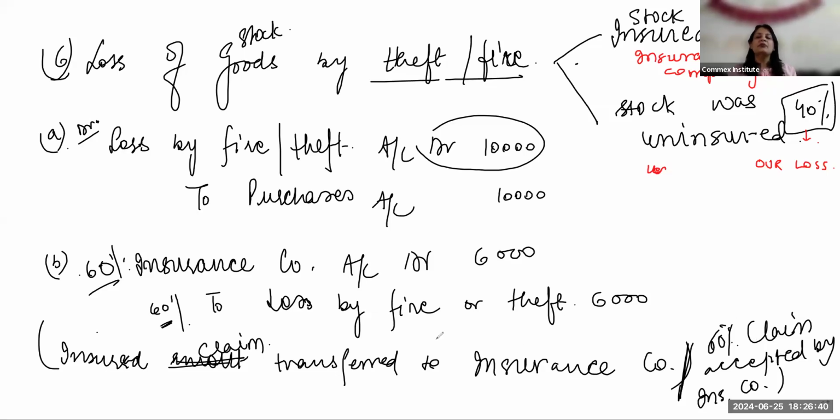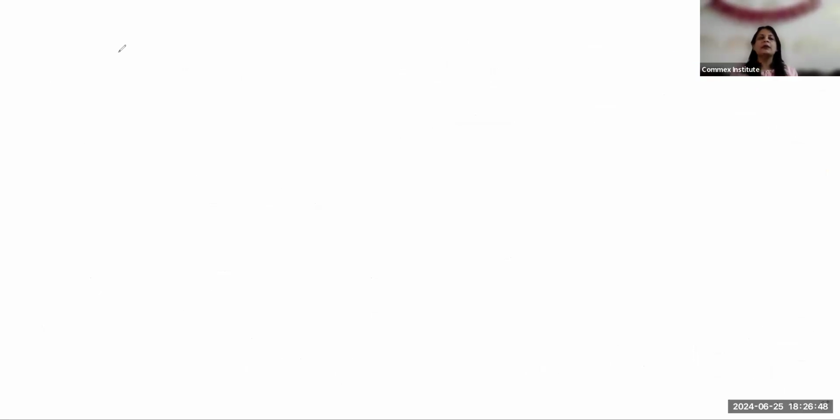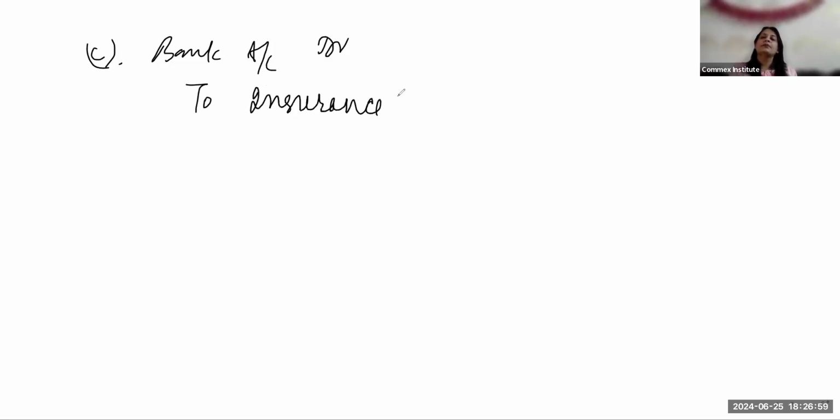So that much we have made insurance company our debtor. Insurance company is going to pay us. And this much loss I've transferred it to them. And then when they actually pay the amount, then we pass the third entry. And that is bank account debit to insurance company. Obviously, they'll pay us 6,000. Okay.